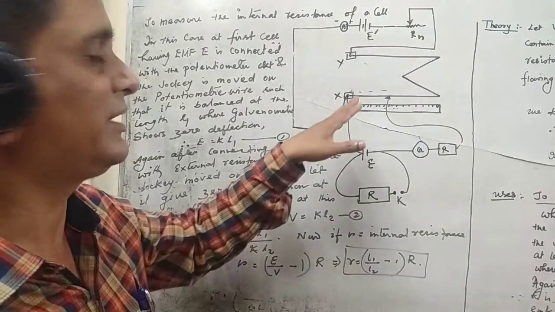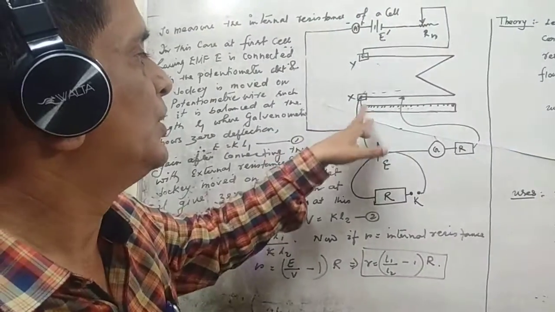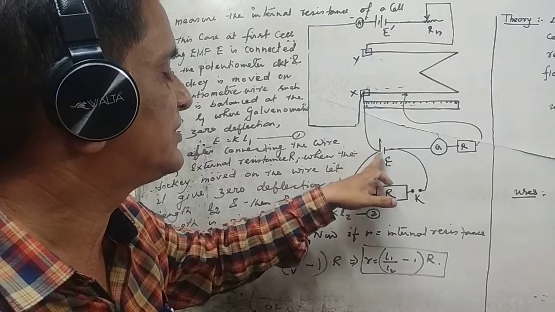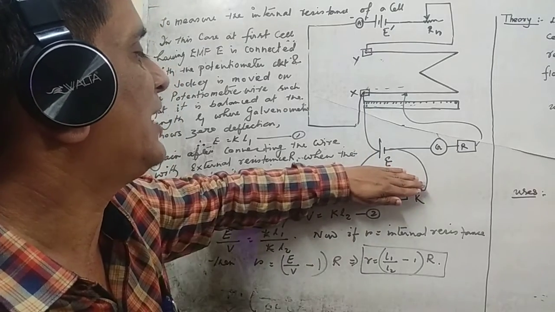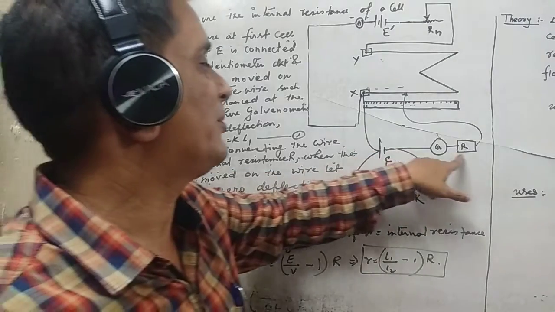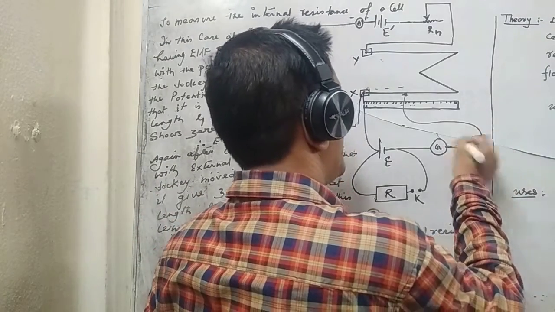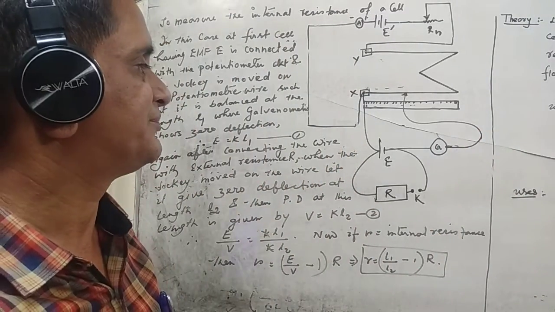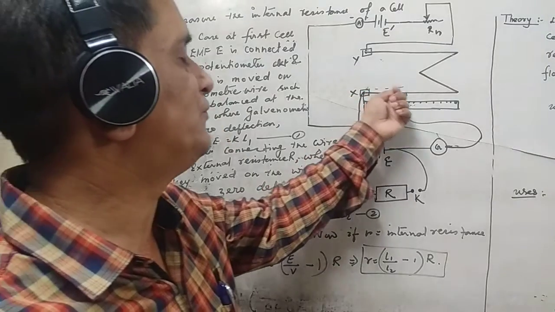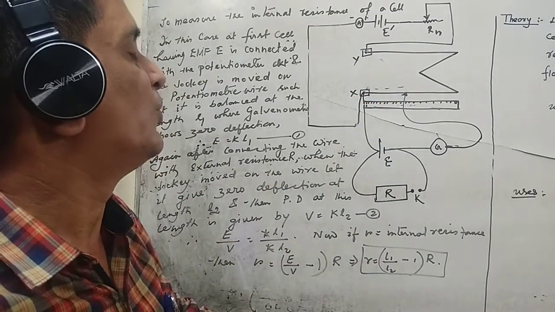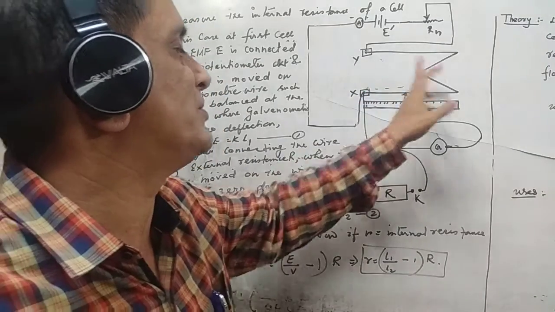Now we first connect this with a cell having EMF E, and a galvanometer with resistance G. Is it clear?